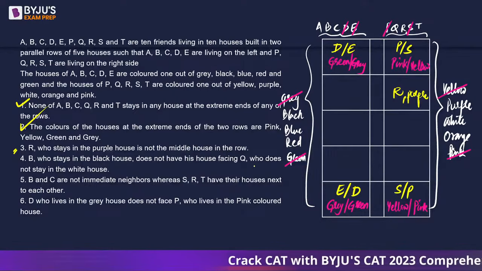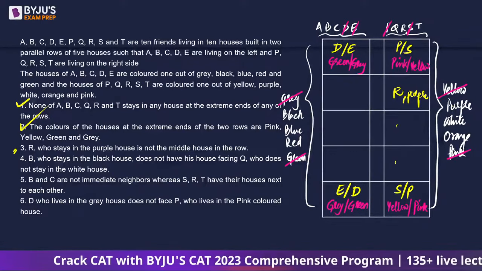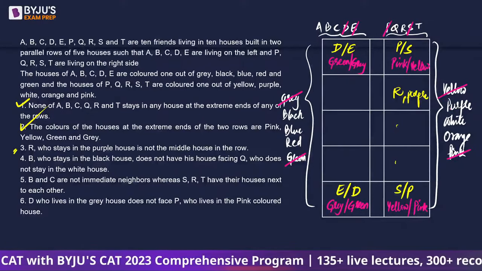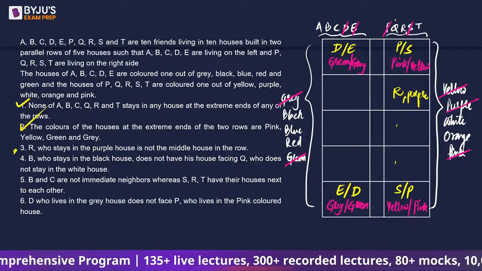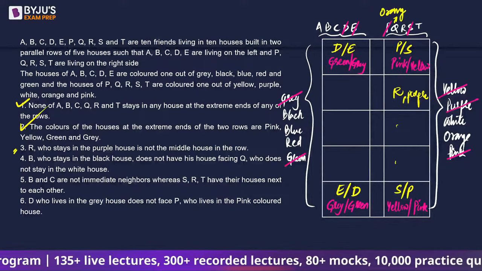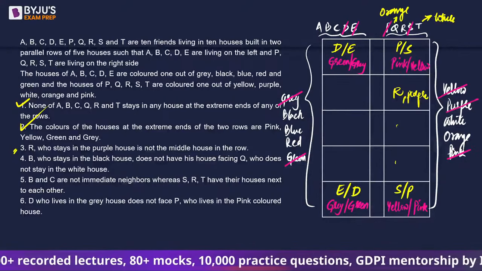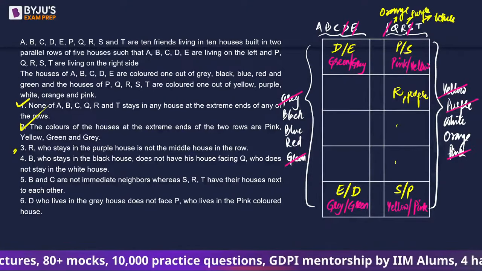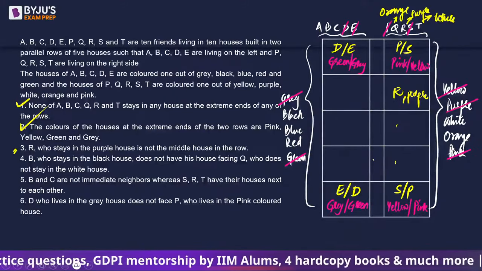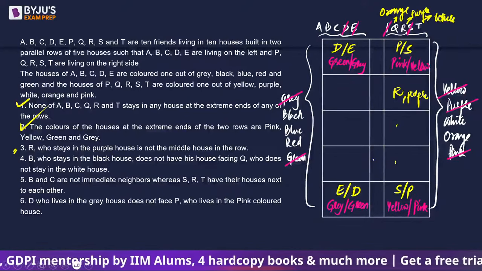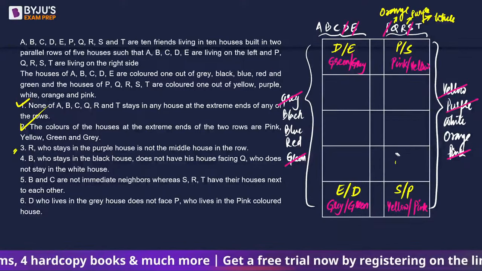Q does not stay in the White House, so Q goes in the Orange House. That means T is going to be in the White House, because R has taken purple. Wherever Q goes, orange will accompany it, and wherever T goes, white will accompany it. We don't know where that is, so I'm erasing that part also.